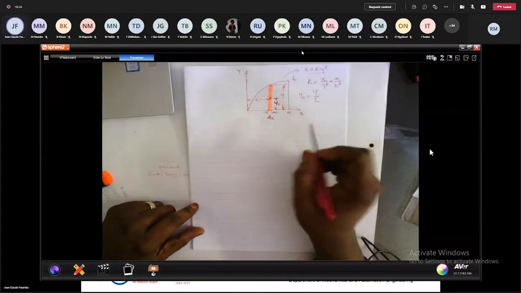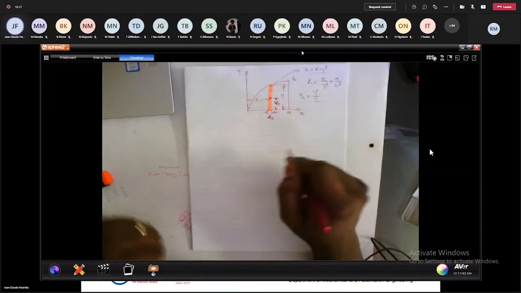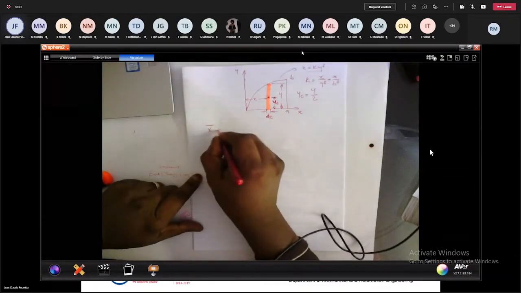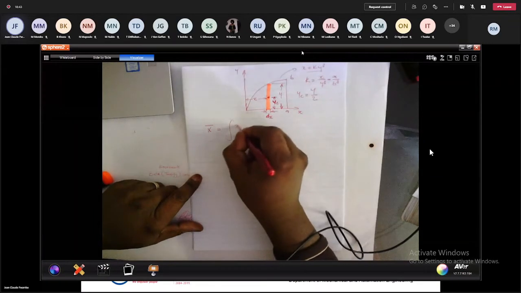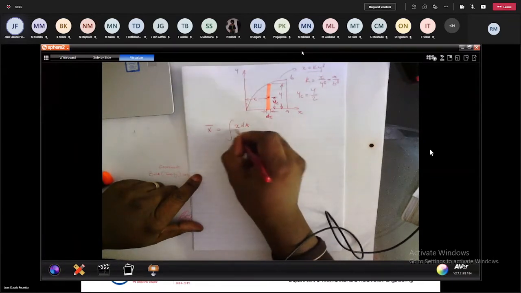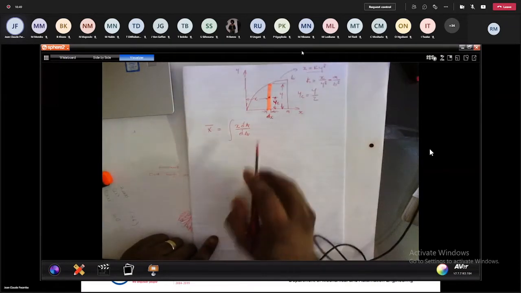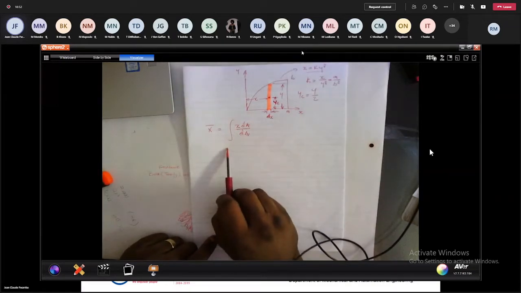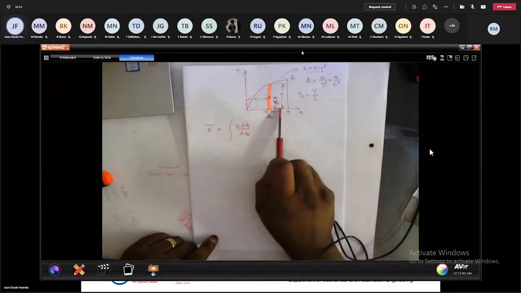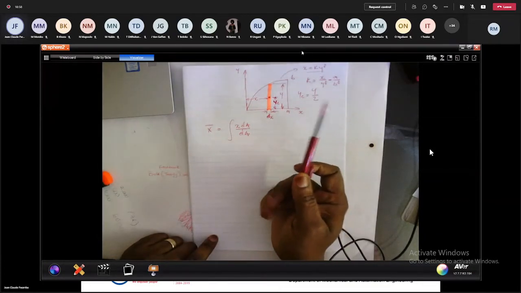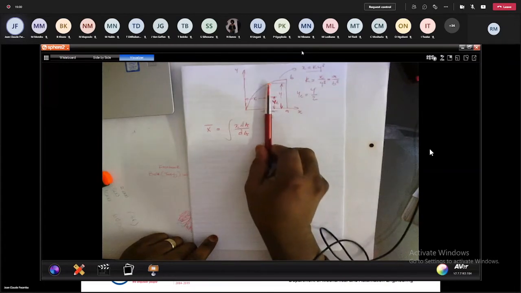Once I'm done with this, I'll look into those equations. Let's start with my x bar. By definition, it is the integration of x dA over dA. Now I can include my limits already.